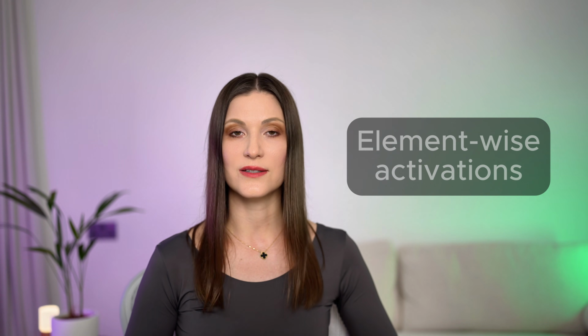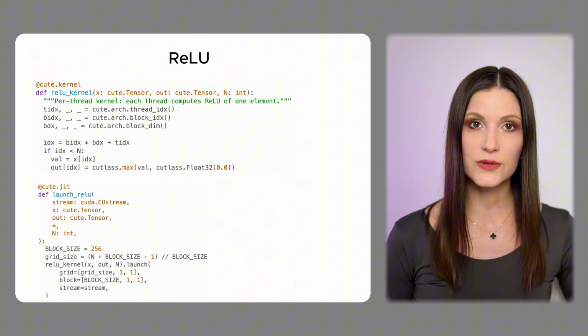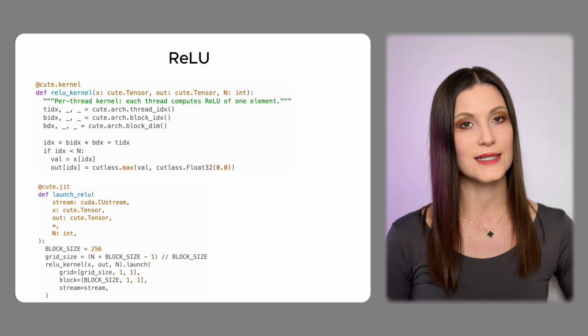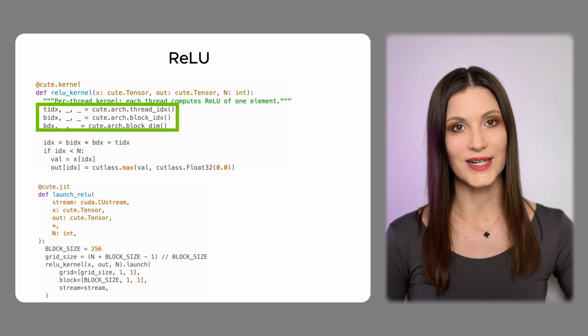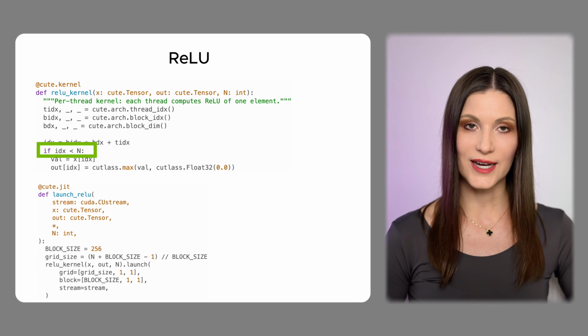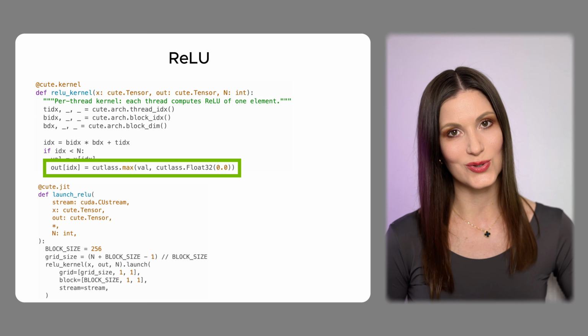Now let's switch to a pattern you'll use constantly in machine learning: element-wise activations. For ReLU, instead of the 3D elements-per-thread layout, we use a flat 1D indexing approach. Compute a global linear index from block and thread indexes, bounds check, load, apply max of 0 and x, and then store.